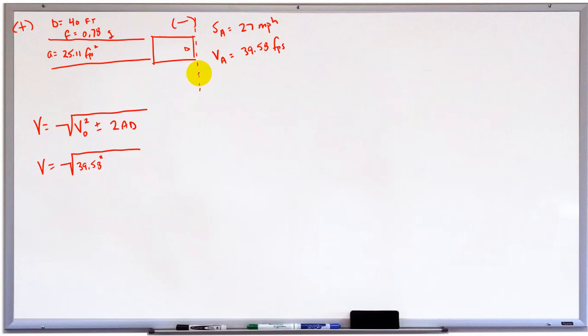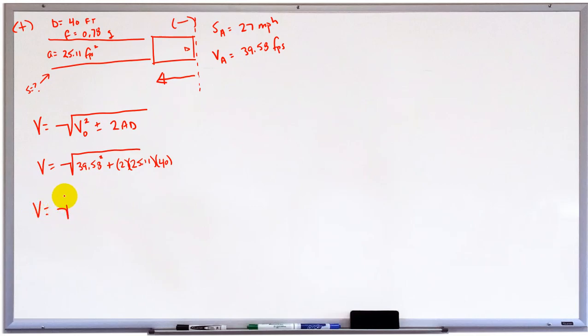All right, and I'm starting here, and I've got the car going in reverse because I'm backing him up to try to see what his speed is here at the start of the skid. So I'm working this vehicle in the backwards direction, and my arrow is actually pointing towards the plus. So I'm going to say plus 2 times 25.11 times our distance of 40 feet.